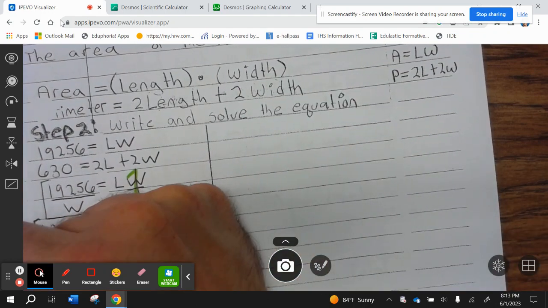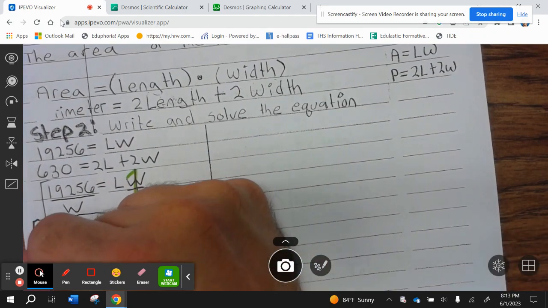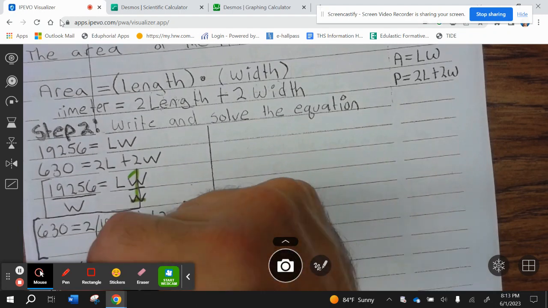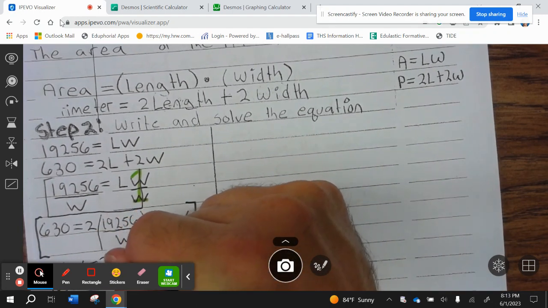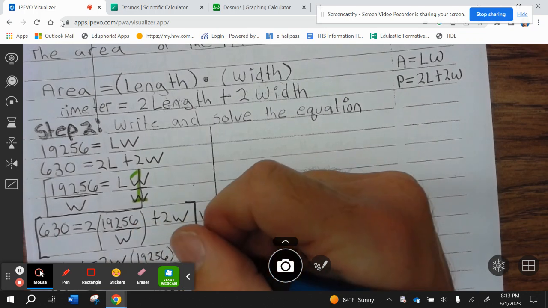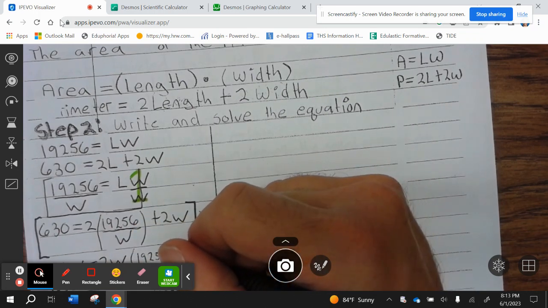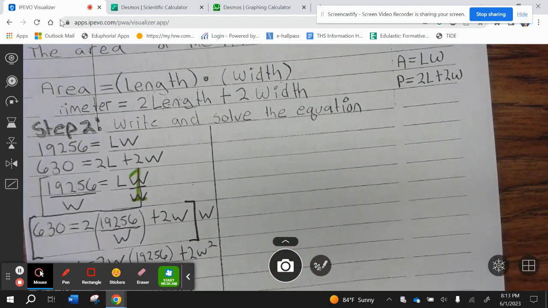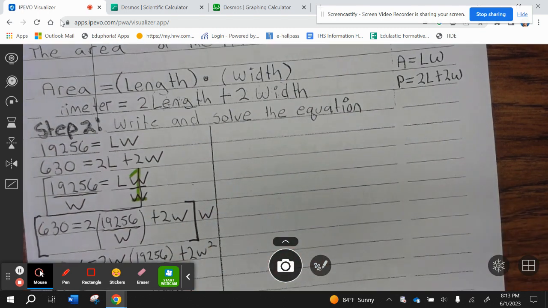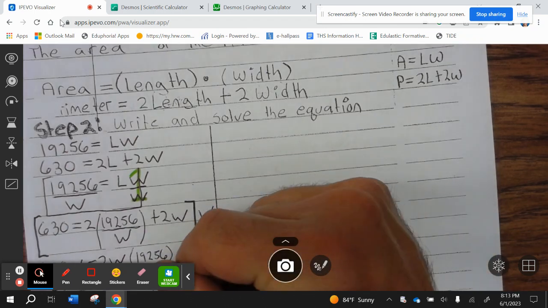So we get 0 equals 2w squared plus 2w times 19,256 minus 630w.